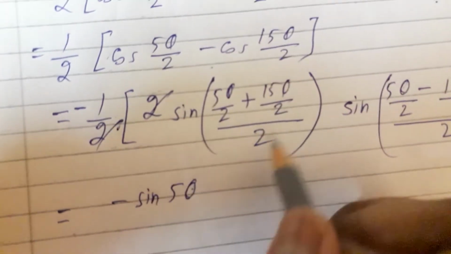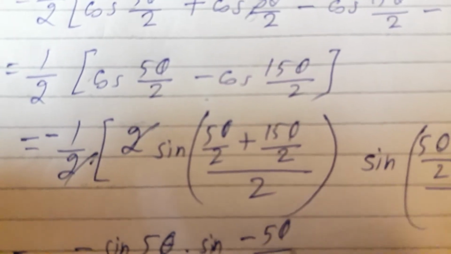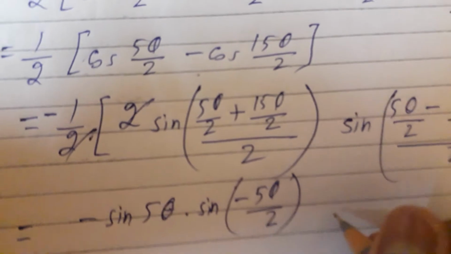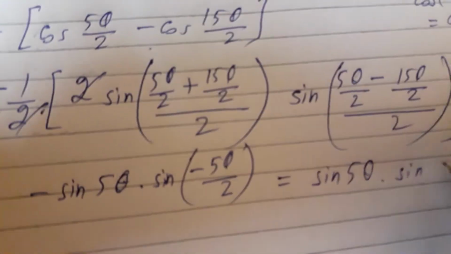If we simplify, then we'll get 5 theta, and then into minus 5 theta by 2. In the next step, if we simplify, then we will get minus theta by 2. Now see, this minus into minus we will get plus. So this has been proved, that is sin 5 theta into sin 5 theta by 2, hence proved.